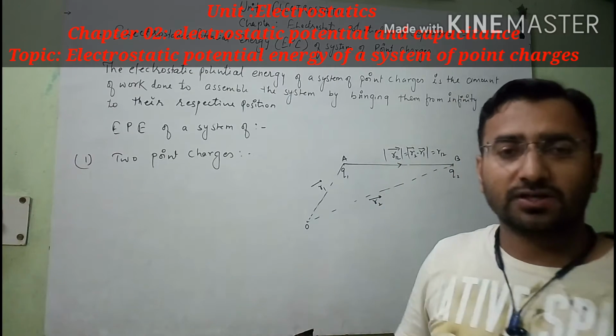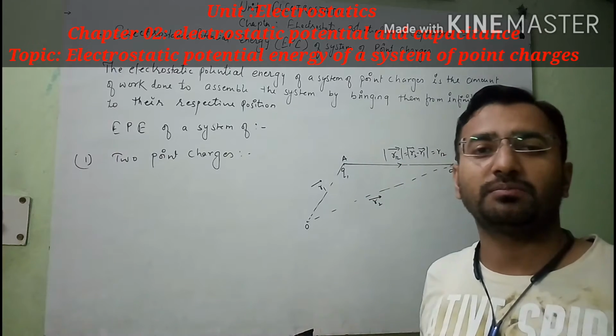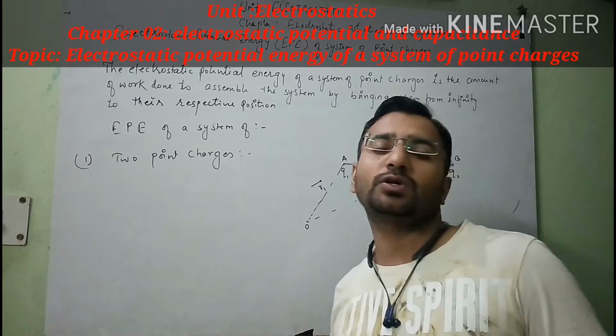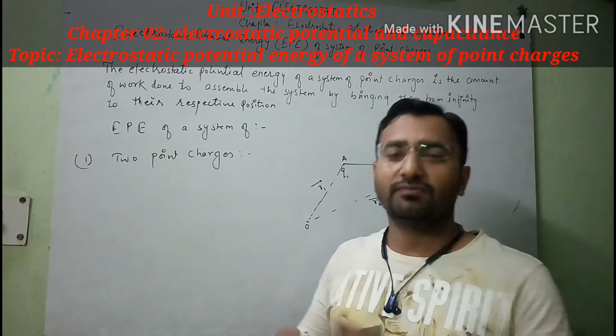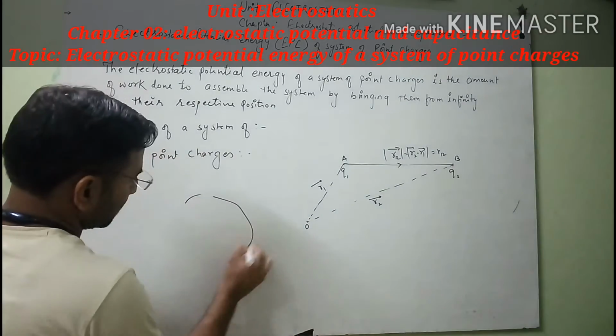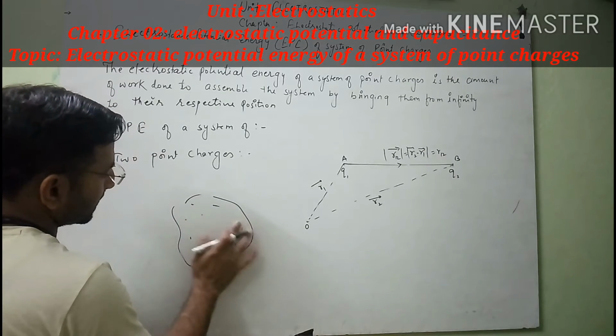Electrostatic potential energy is the amount of work done to assemble the system of point charges by bringing them from infinity to their respective position. Here it means that suppose we want to make a system of point charges.